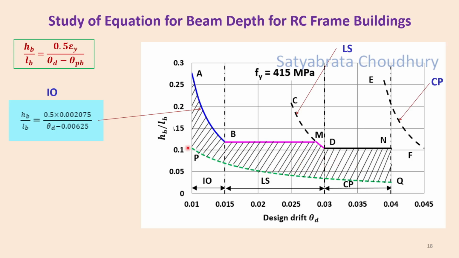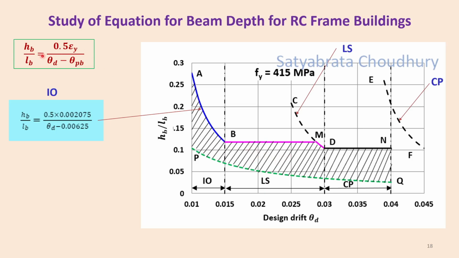So in a nutshell, we can say we should target taking the building at the upper bound level so that it is fully developing plasticity of the corresponding performance level. And obviously at no time should you go below the elastic condition here. So I think this curve is clear. You have to refer to this curve because without this you cannot exactly select the beam depth.